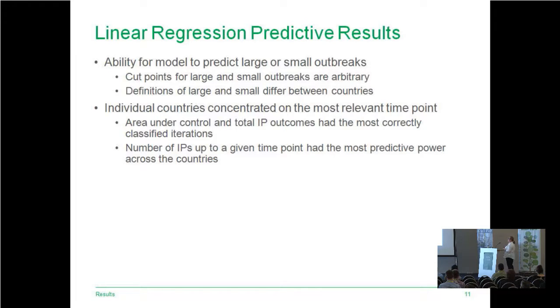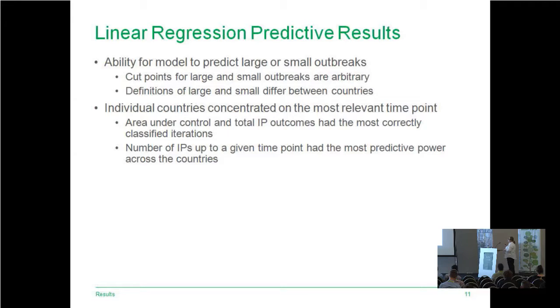So it was quite hard to harmonise between the two, but we've tried our best. So most of the individual countries involved concentrating on the time point that was most relevant to them, usually with respect to when they're likely to have vaccination ready to go, which is not the same across all the different countries.